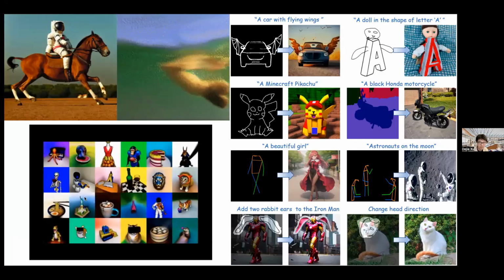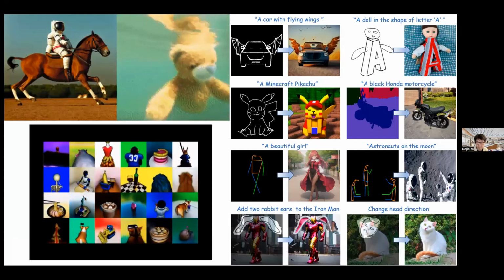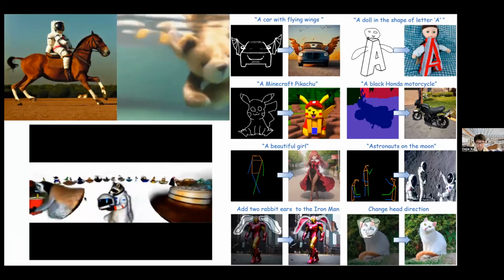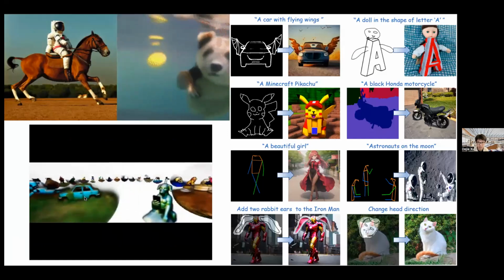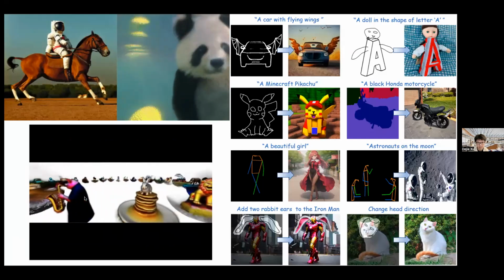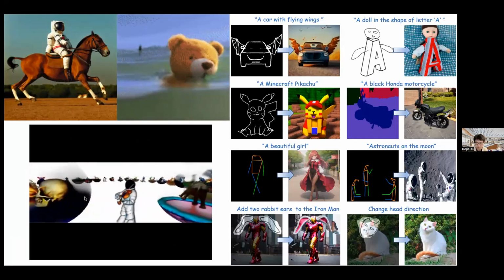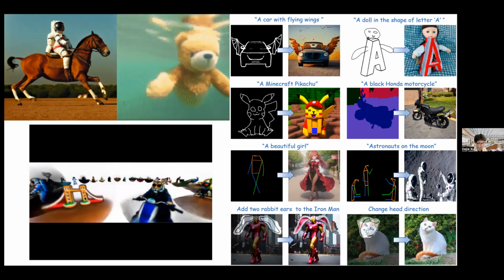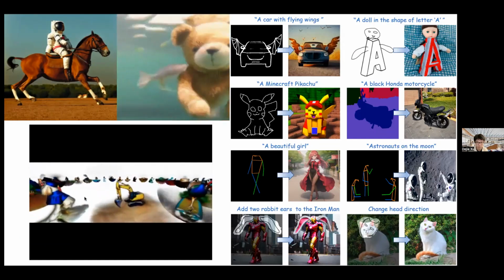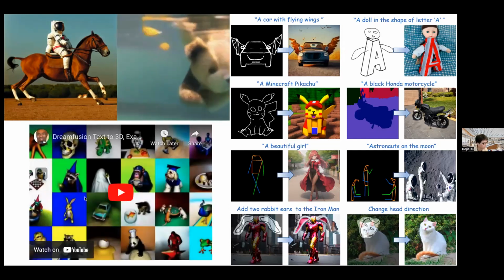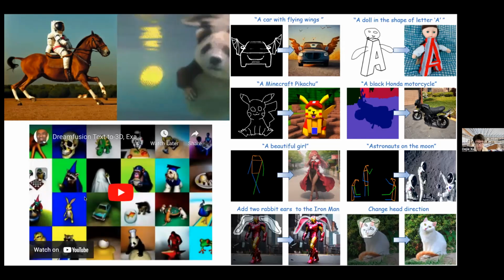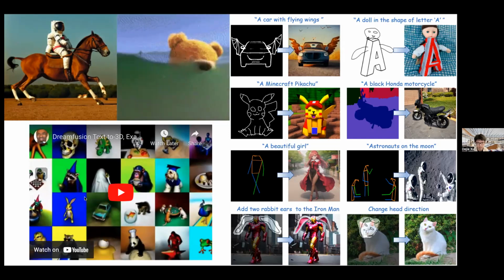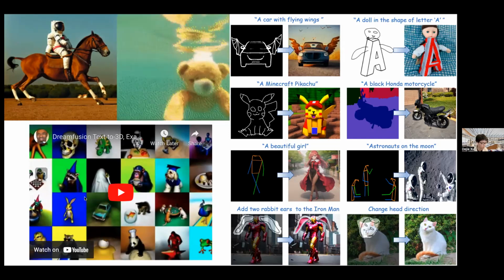On the right-hand side, you can see a lot more instances of realistic image editing. You can basically edit an image in whatever way you want. You can even add rabbit ears to the Iron Man, or change the direction of the objects, whatever you want. So today we're going to take a look behind the scenes and see how these techniques are made possible and how we can make use of them.